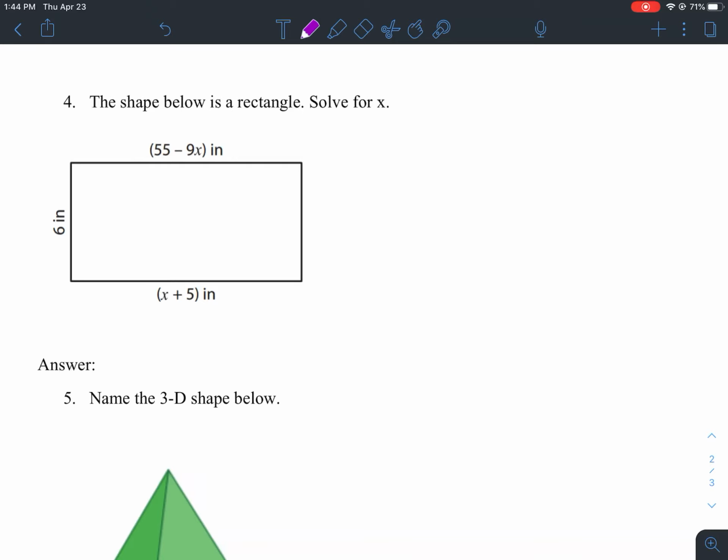Now for the next one, it says the shape below is a rectangle. Solve for x. So again, one of the properties of a rectangle is that the opposite sides are congruent.